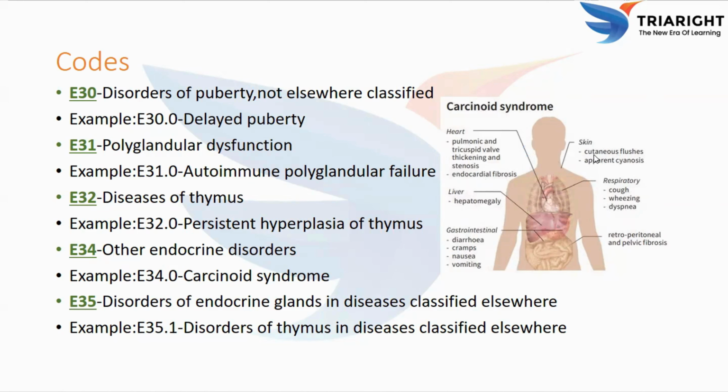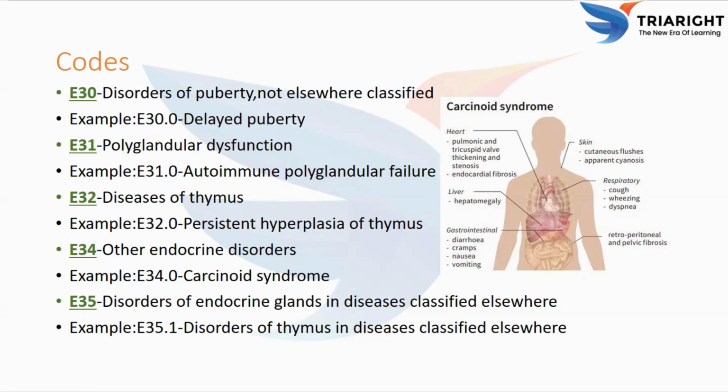Coming to the skin, cutaneous flushing and apparent cyanosis. What do you mean by cutaneous flushing? Redness or a heat sensation on the face and neck. Cyanosis is a blue discoloration. Why does blue discoloration take place in our skin? Due to poor oxygen circulation.